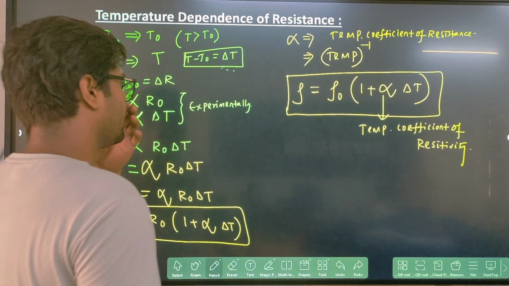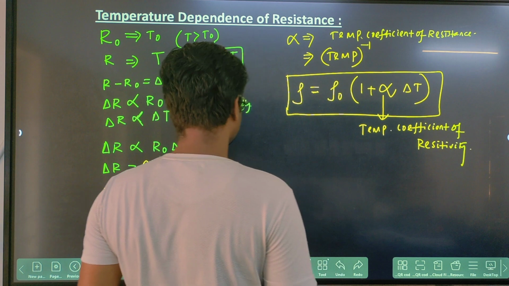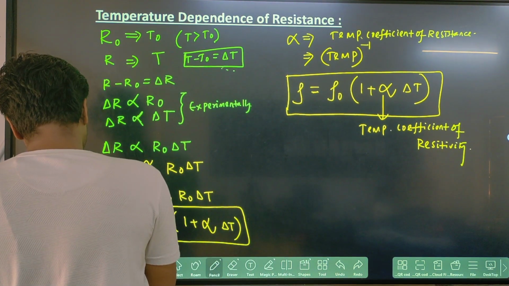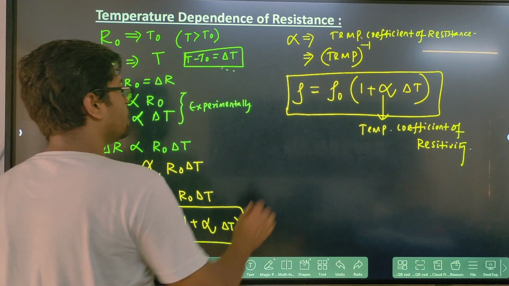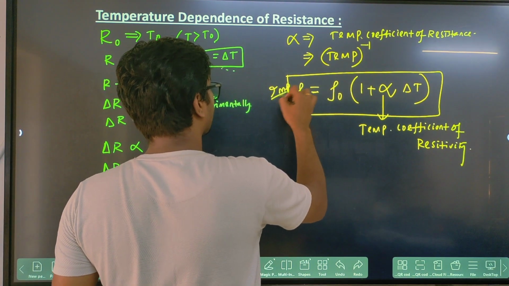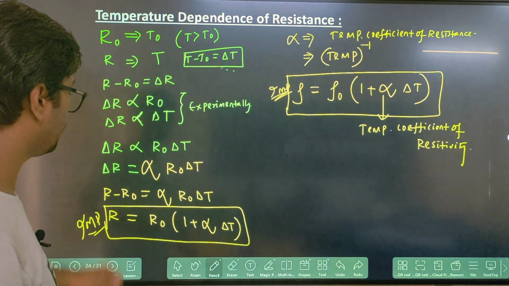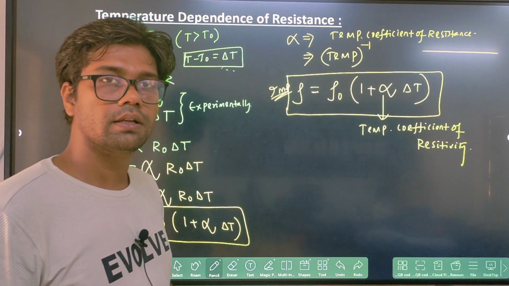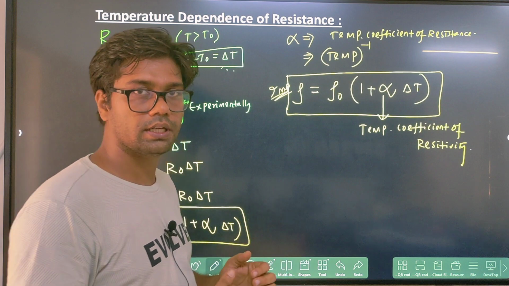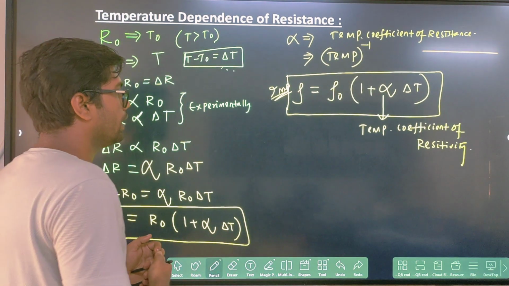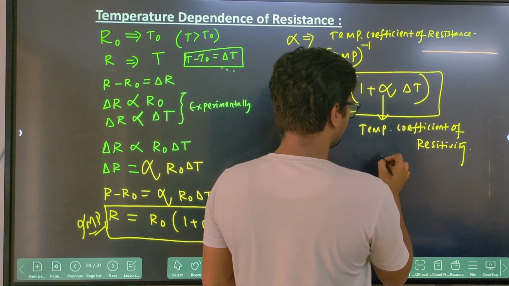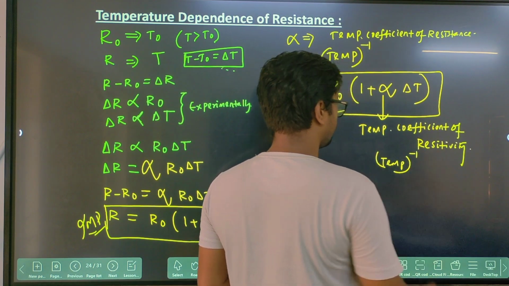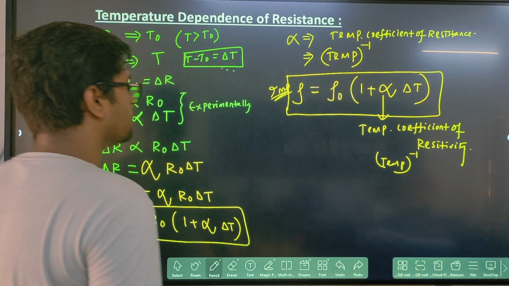Okay, this relation you got, right? So this is very important. You have to remember these two relations, this one and this one. Many times they ask questions from these relations, right? And here also the unit of the temperature coefficient of resistivity will be temperature inverse, right?